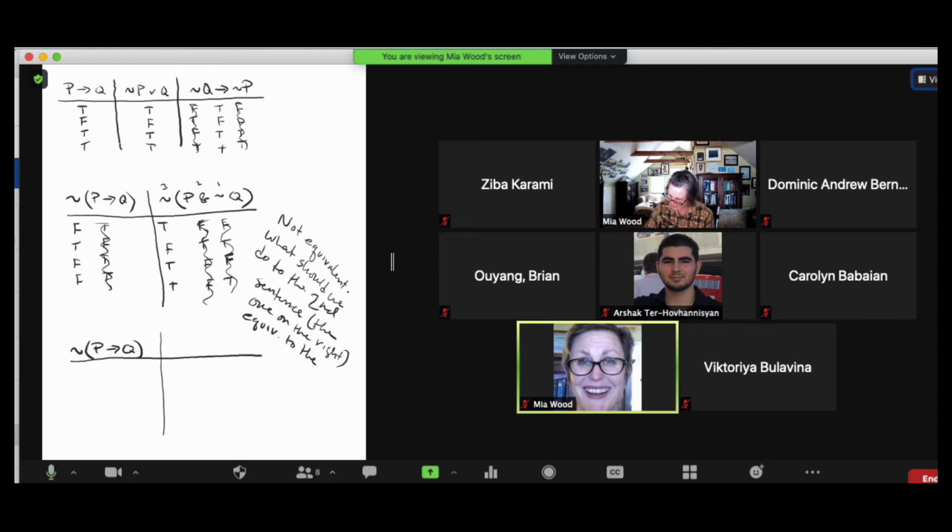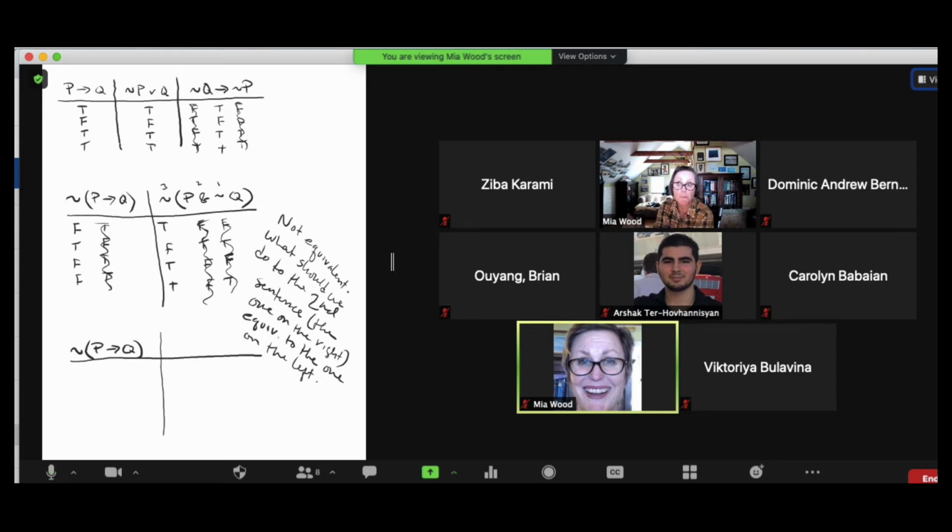And Victoria has a good idea. So Dominic is saying add another negation to the front of the sentence on the right. And Victoria, yeah, the widest scope, right? And Victoria says, what if we swap out the... I see what Victoria is saying. Okay, so here are two options.